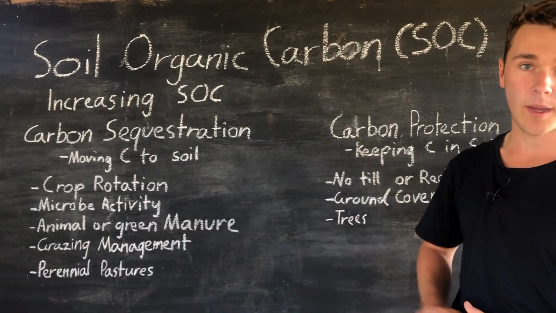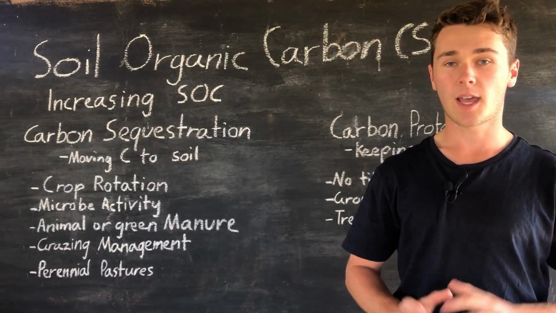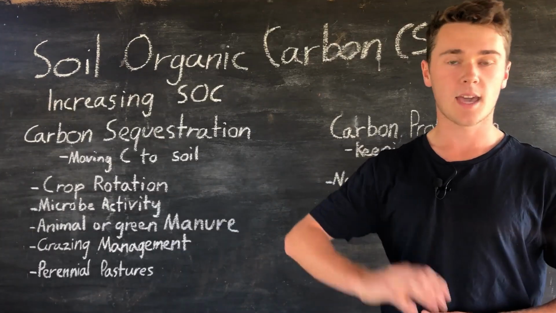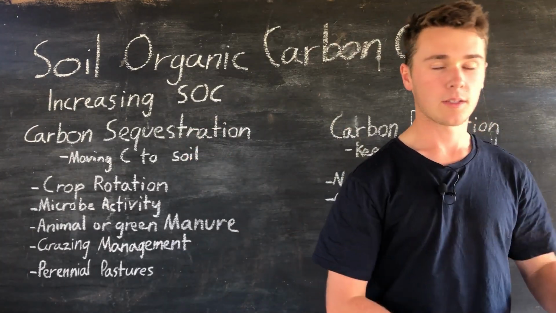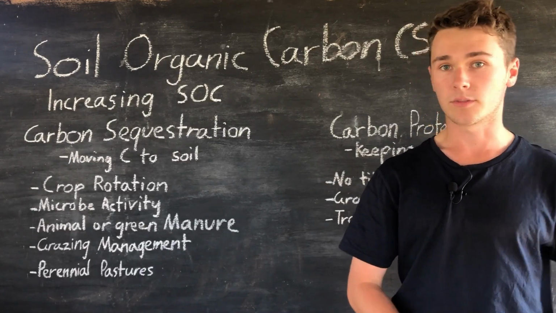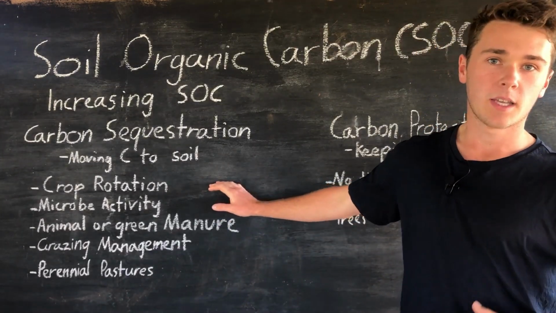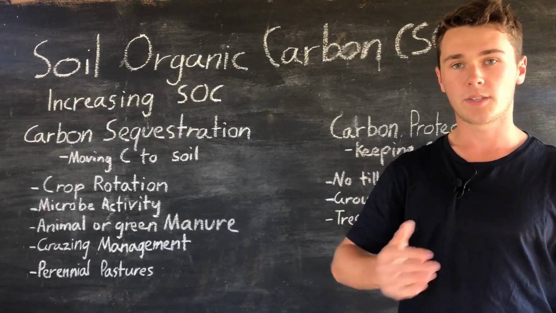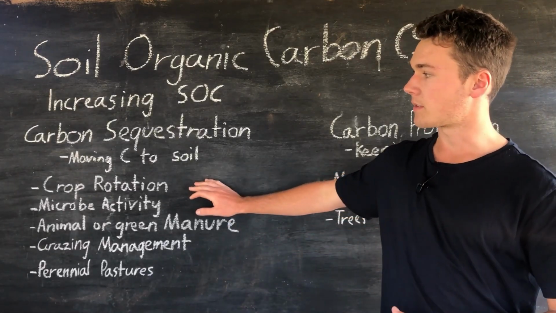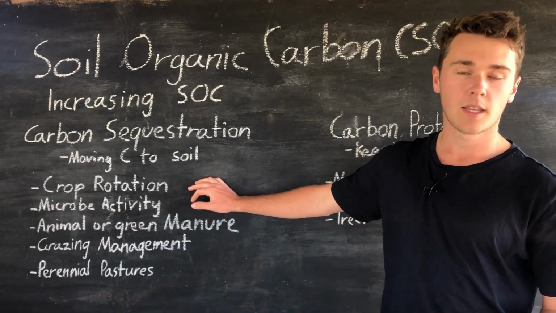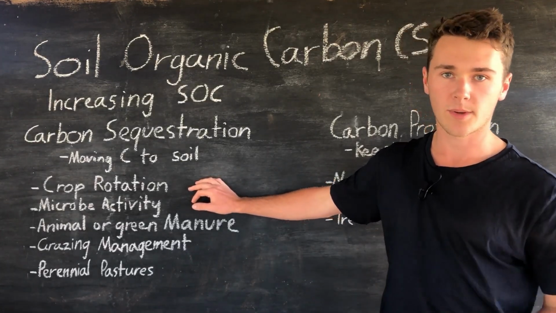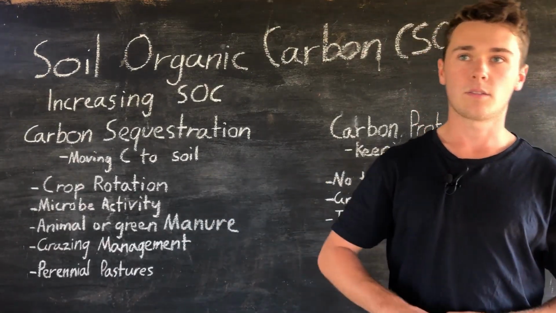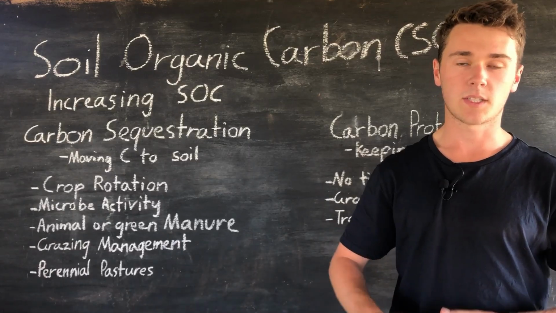We can do that a number of ways, but the main concept that we have to understand is that all of these techniques and methods are just taking carbon dioxide from the air and then locking or storing it in our soil. So the first one is crop rotation. Crop rotation is changing what crop you have in a particular soil over different seasons. The way this benefits soil carbon is that different plants interact with soil in different ways, so if you're constantly changing that, you make sure that you introduce the soil to different inputs.